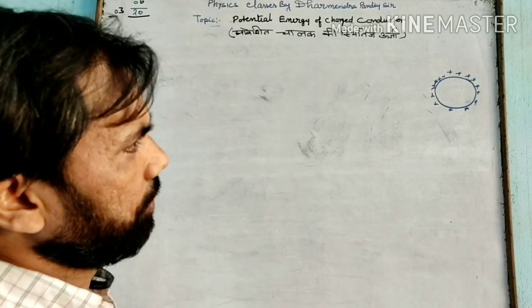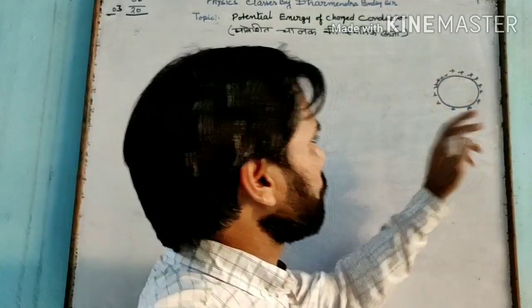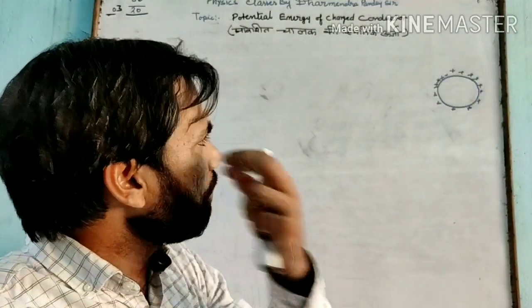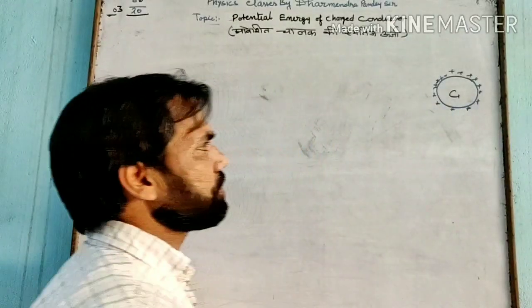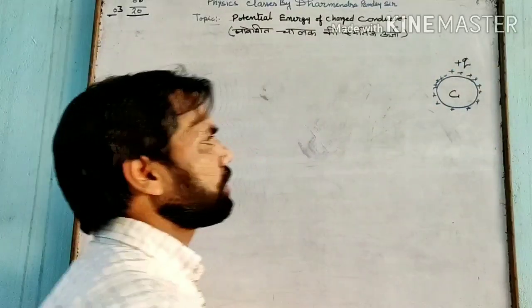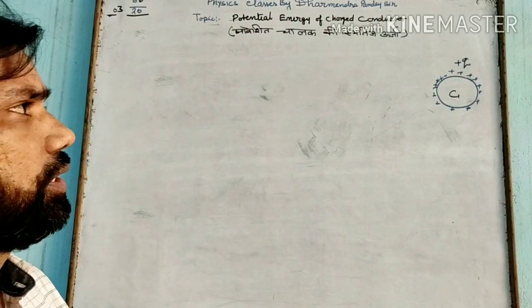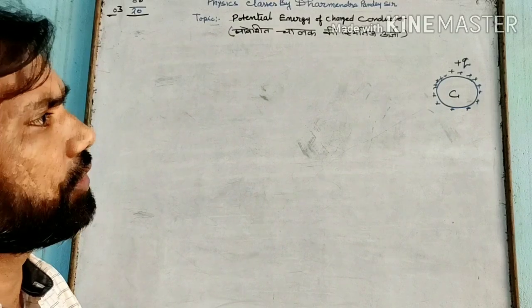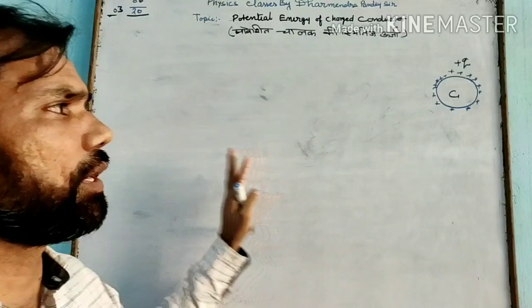Then, in order to calculate the energy stored in that conductor, suppose C is the electrical capacitance of the conductor and Q is the charge which is given to the conductor. We have to calculate the electric potential energy of that particular conductor. Okay, this is our objective.